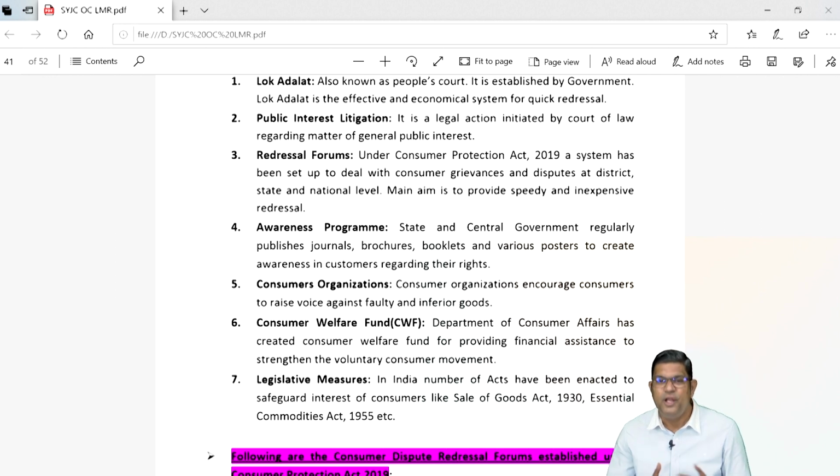Even before this, laws were made, such as the Consumer Protection Act of 1986, then the Sale of Goods Act of 1930, Essential Commodities Act of 1955, then the Standard Weights and Measurement Act. All these acts see to it that the consumers are not exploited. Consumers' interest is safeguarded. So these are the 7 different points under the ways and means of consumer protection.